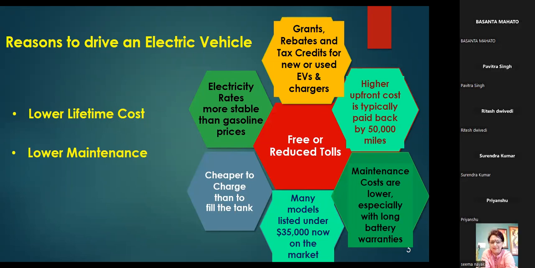So actually, the lifetime cost means we are purchasing an electric vehicle and it is running by the use of clean energy or electricity. The electricity will be stored in the battery. So the lifetime cost of the vehicle depends on the life of the battery.